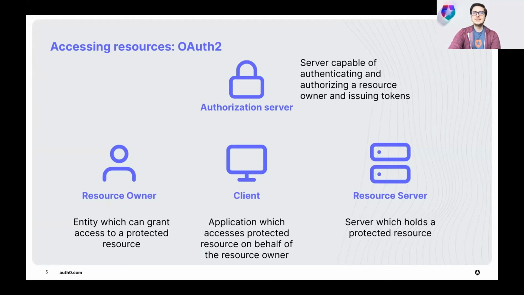OAuth2 is a standard that basically thinks about how an application can, on behalf of a user, access some resource. So think about it more abstractly. How can I log into my tax system, and that tax system can receive financial data about myself?